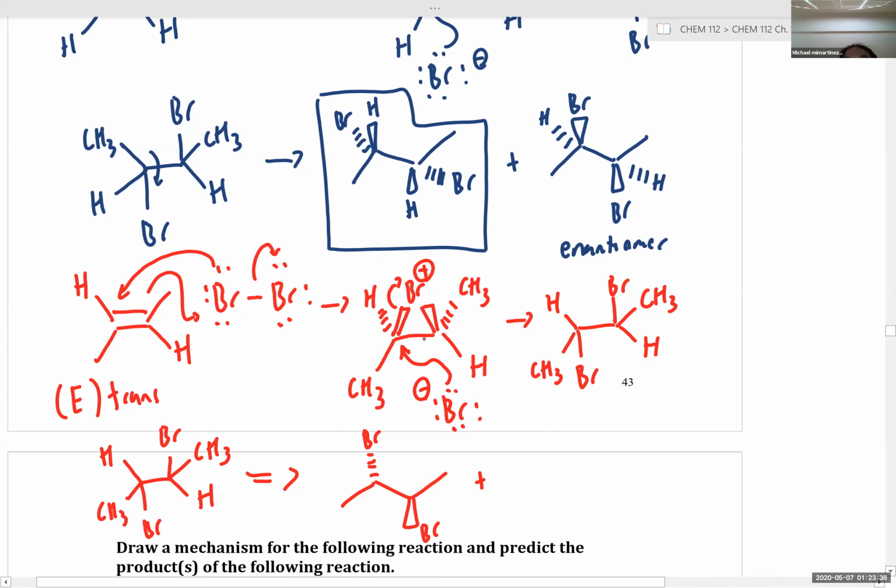Note, as we can potentially attack at another carbon, we would observe a mixture of enantiomers. So we also observe this alternative species.